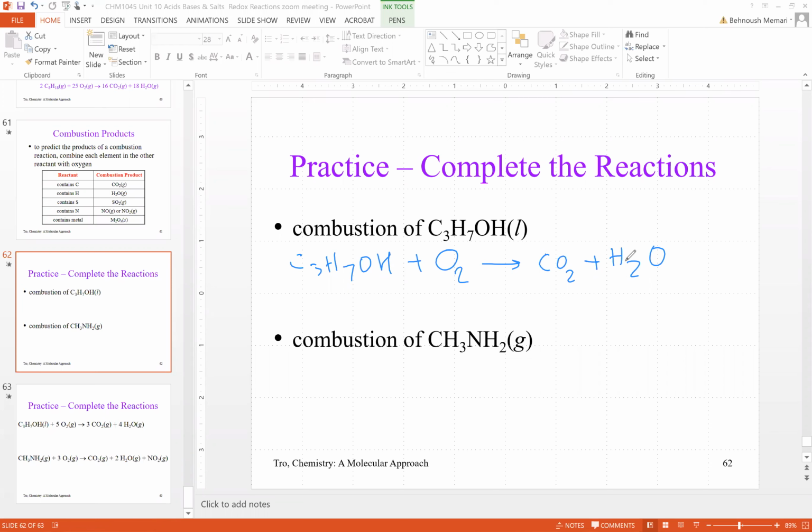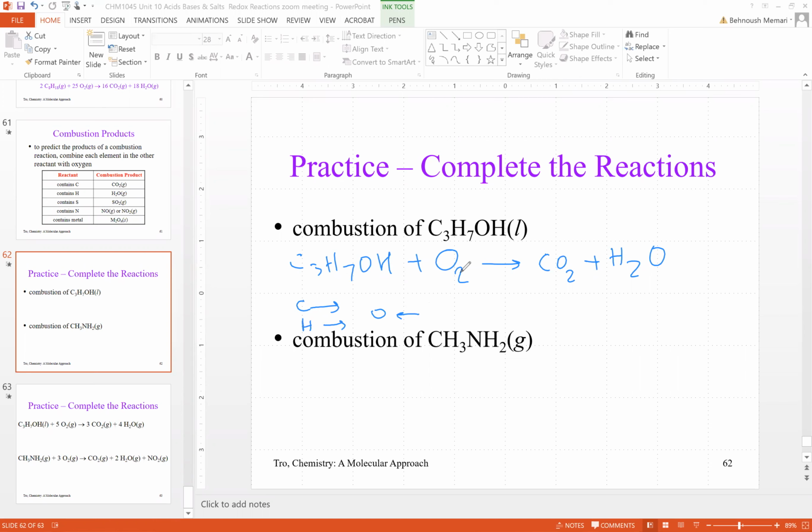But if there is a sulfur, it would give SO2. If you have a nitrogen, it can give NO2 or NO, depending on the amount of oxygen provided. In this case, when you have the equation, you should balance it. For combustion reaction, you should always balance the carbon from left to right, hydrogen from left to right, and oxygen from right to left.